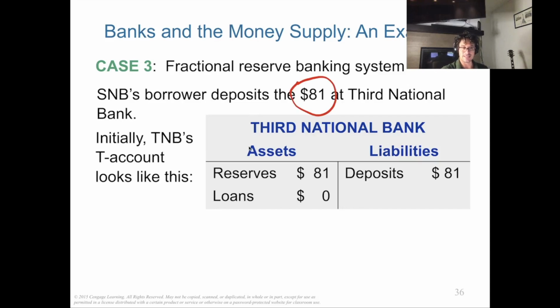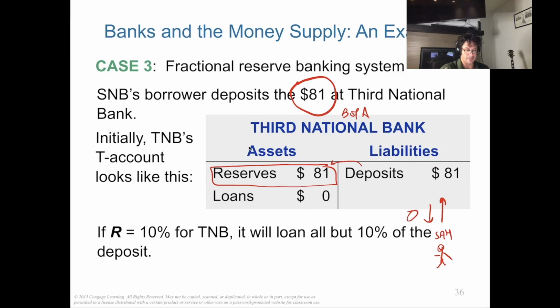After receiving this $81, what happens? Well, the same story: Sam is going to deposit this in his bank, so another bank, I don't know, Bank of America, and receives his debit card. Then Bank of America at the beginning just keeps everything in reserves, then it decides to lend 90%, if the reserve ratio is 10%.